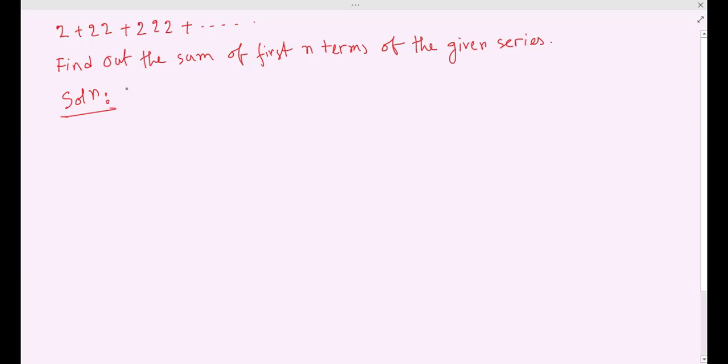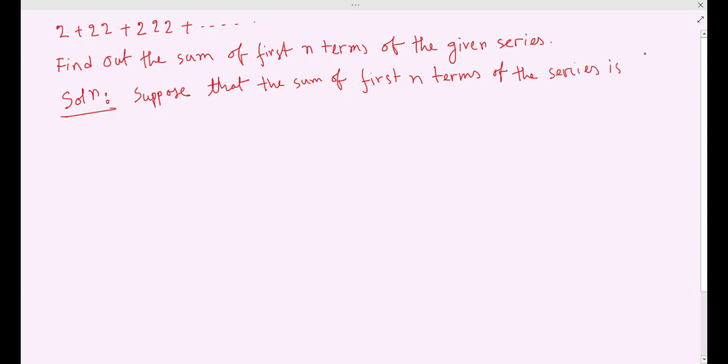So suppose that the sum of first n terms of the series is Sn.